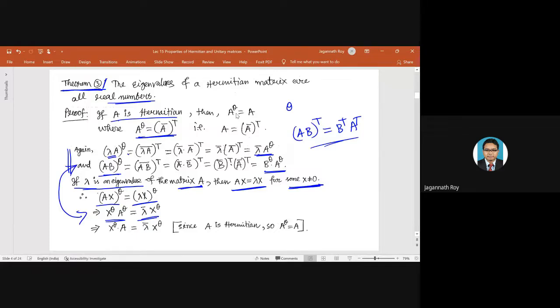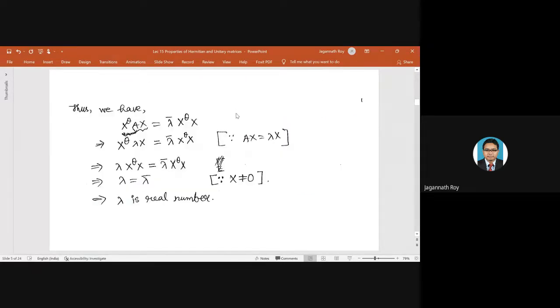Now, if we multiply by x on both sides, this is post multiplication on the right hand side of the quantity, then we will get these relations.